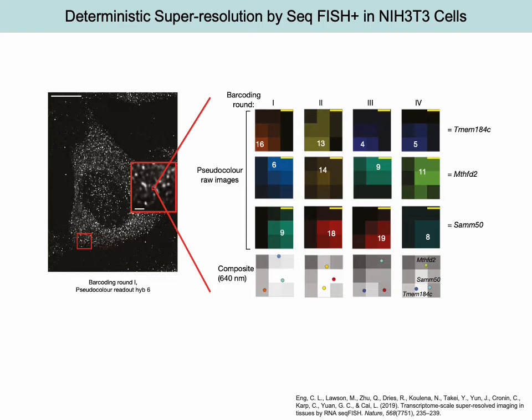But if you use sequential rounds of dyes to call only a subset of them, then you can Gaussian fit the dots to shrink their size and iterate through the different dots in this little cluster. Then you can reconstruct a super resolved image, right? At a way higher resolution, where the dots are not overlapping.